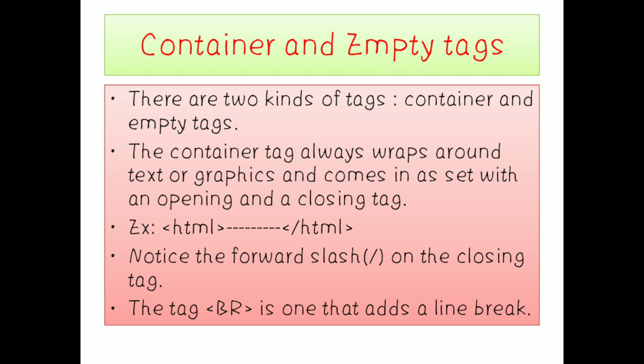A container tag is nothing but a tag that contains a closing tag, that means an end tag, which should have a forward slash. If any tag consists of a closing tag or an end tag, it is considered a container tag.